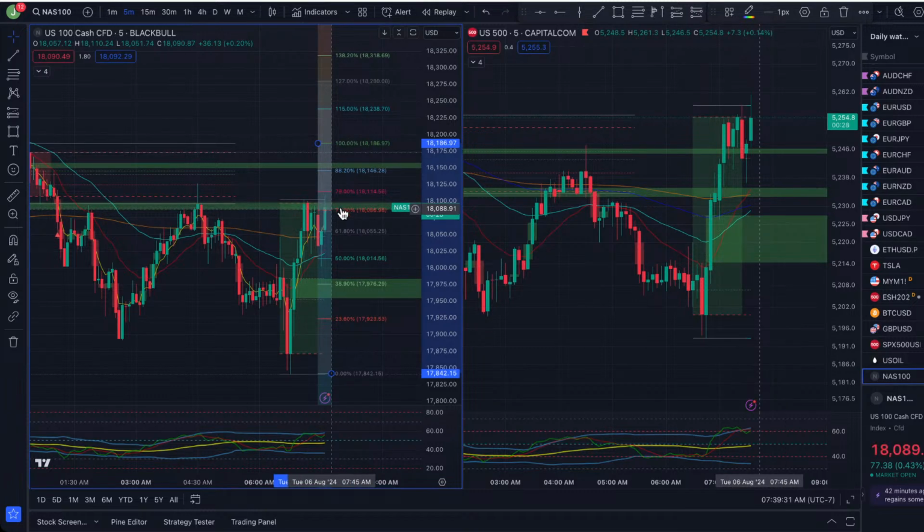Still just bouncing in the fair value gap.